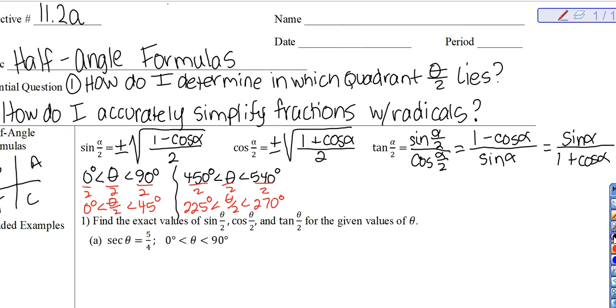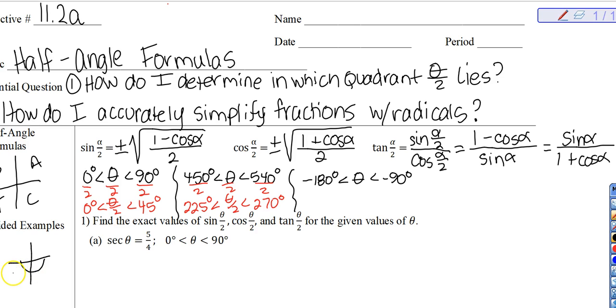And one other option that I'd like to talk to you about is when you have a negative rotation. So if I were to give you negative 180 degrees is less than theta is less than negative 90 degrees, well, what quadrant is that? Rotate backwards. Here's negative 90.